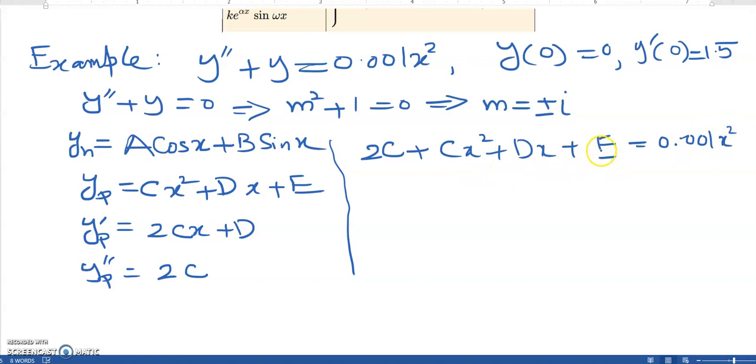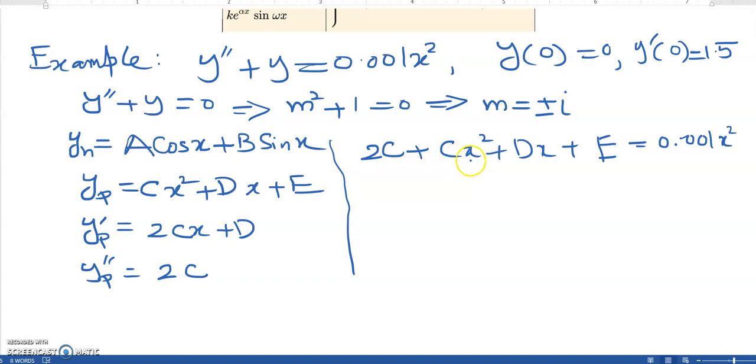So in order for this equation to hold true, the coefficients of x square should be equal to the coefficients of x square on this side. The coefficient of x on this side should be equal to the coefficient of x on that side, and similarly the coefficients of x power 0 should be equal. So by this we can get three equations.